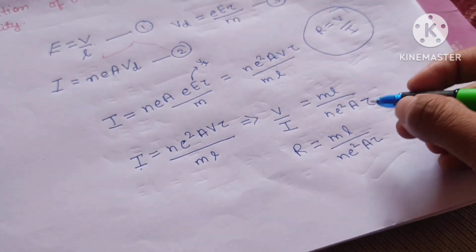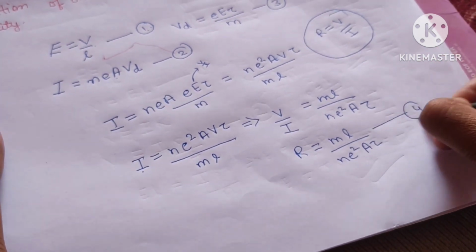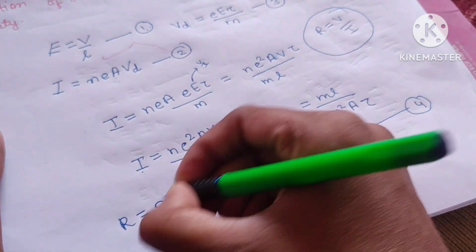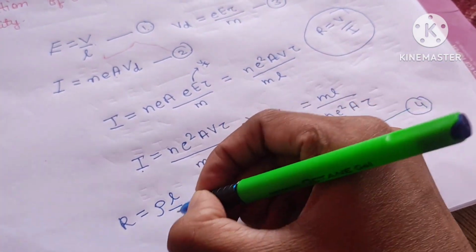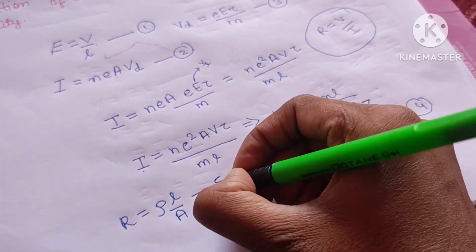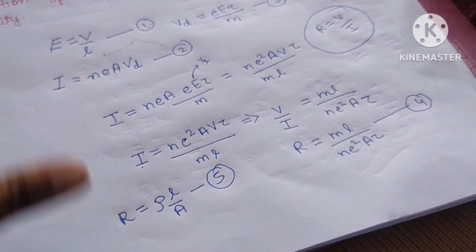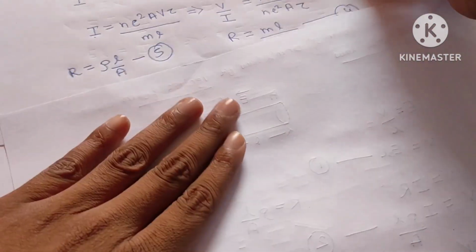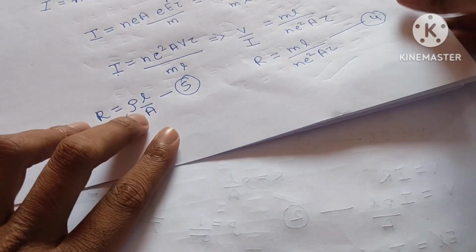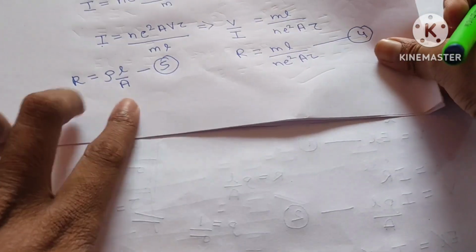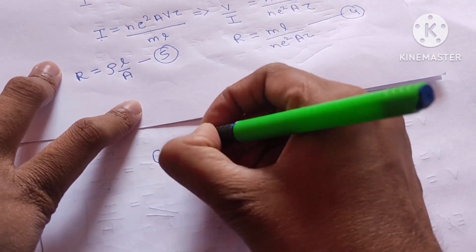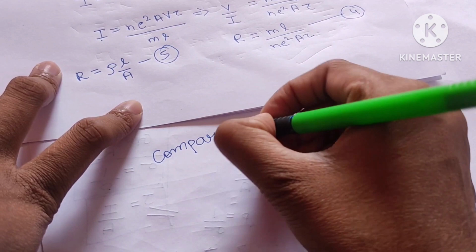Take this as equation 4. We also know resistance equals rho L by A, take it as equation 5. Now compare equation 4 and 5.